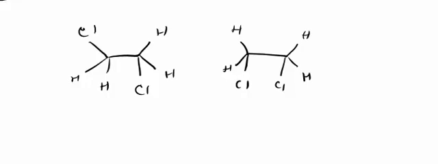Now for structural isomers, what we're looking for is, are the atoms bonded in the same order? We have our 2 carbons here, and each carbon has 2 H's and a Cl. So we do not have structural isomers. So then we're looking for stereoisomers or conformations.